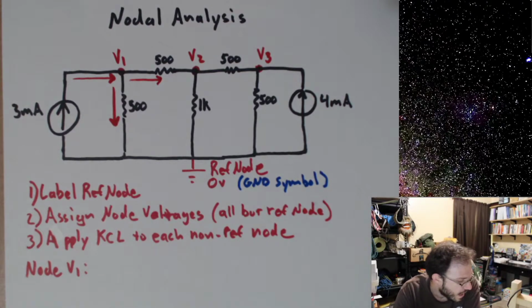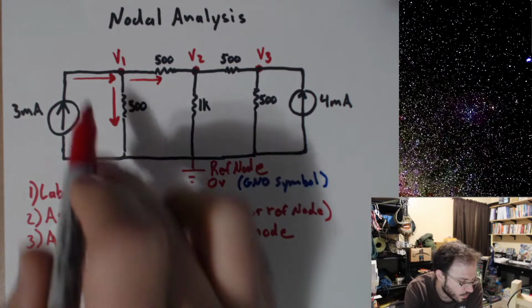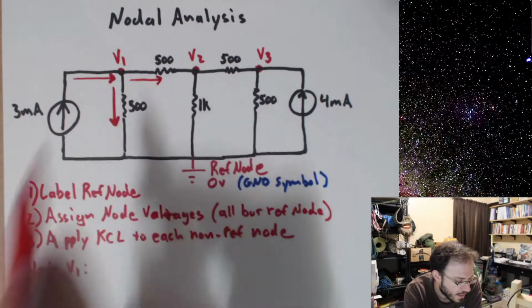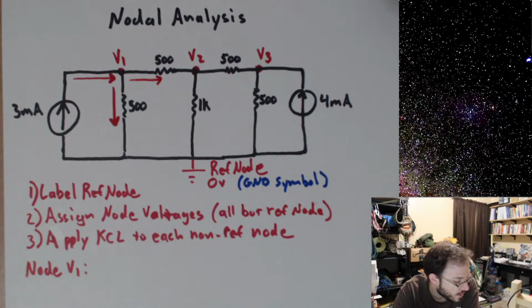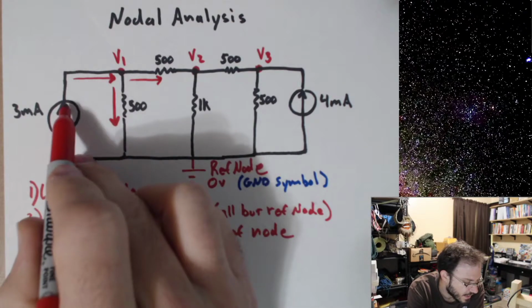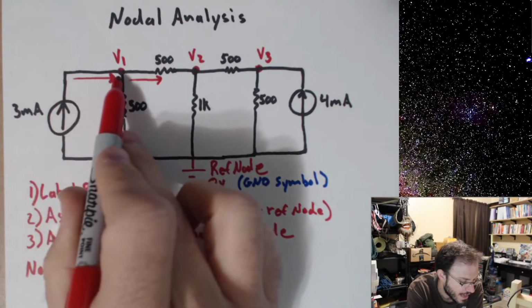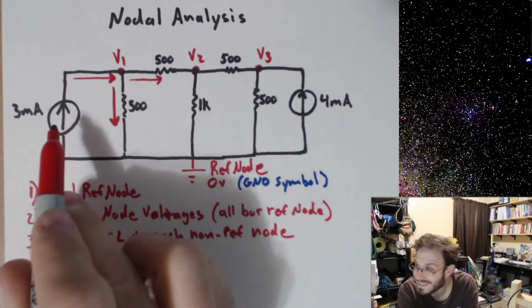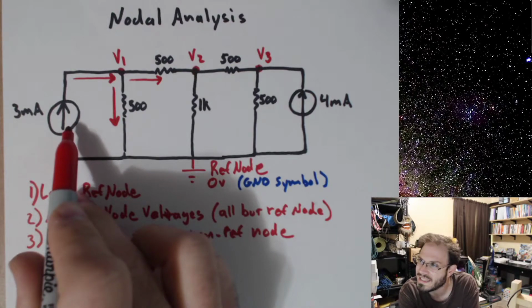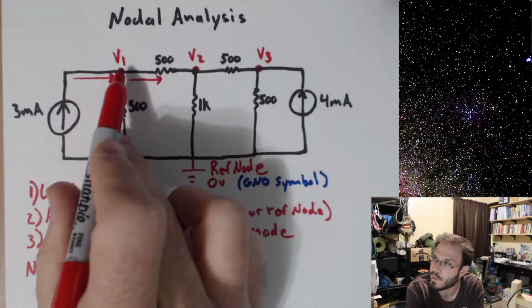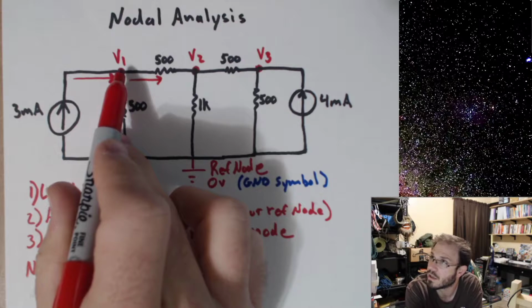Okay, now at this point I need to label these currents so I can write a KCL expression. So over here, this current that's leaving the 3 milliamp constant current source and entering into V1, well, this is a constant current source. We're going to always get 3 milliamps going in this direction regardless of what the rest of the circuit's doing.